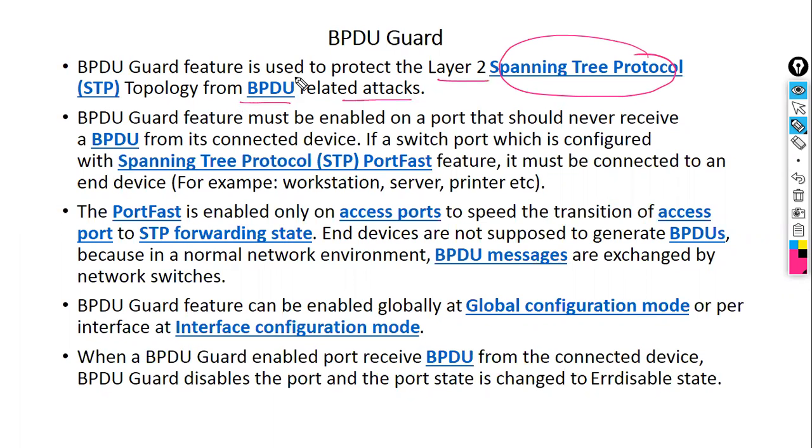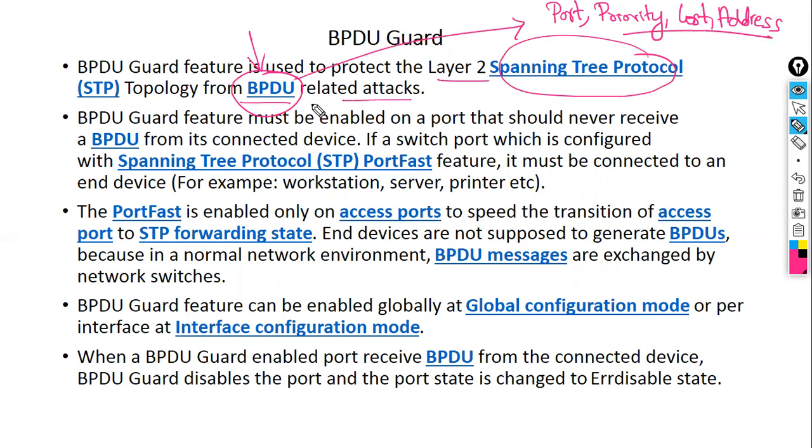So what is a BPDU? BPDUs are nothing but data information. It's a bridge protocol data unit, and it is the data information which is exchanged between the switches, and it can be port numbers, port priorities, the cost, the address of your switch, and so on.